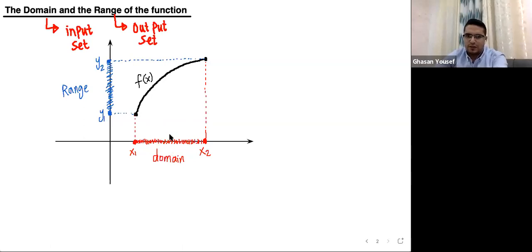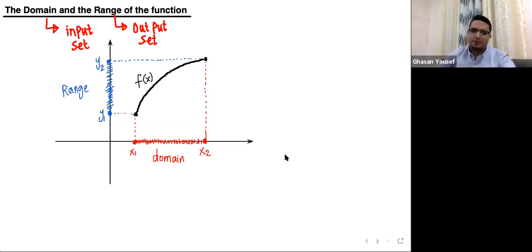So this is the domain. And the same thing for the y. At x1, they give me y1. At x2, they give me y2. And all values here, after we plug it inside the function, they give me y values. So all these y values, the output, is called the range.